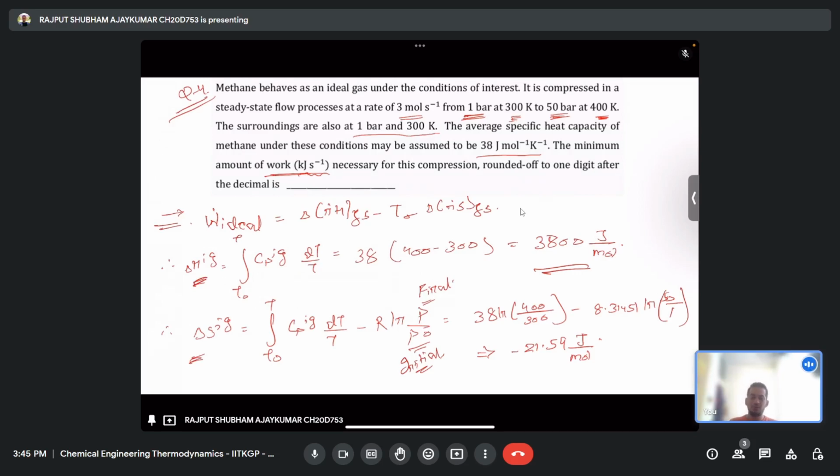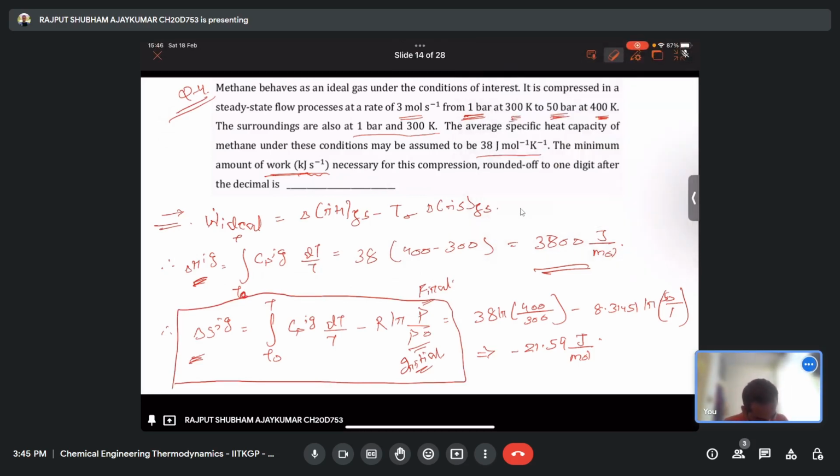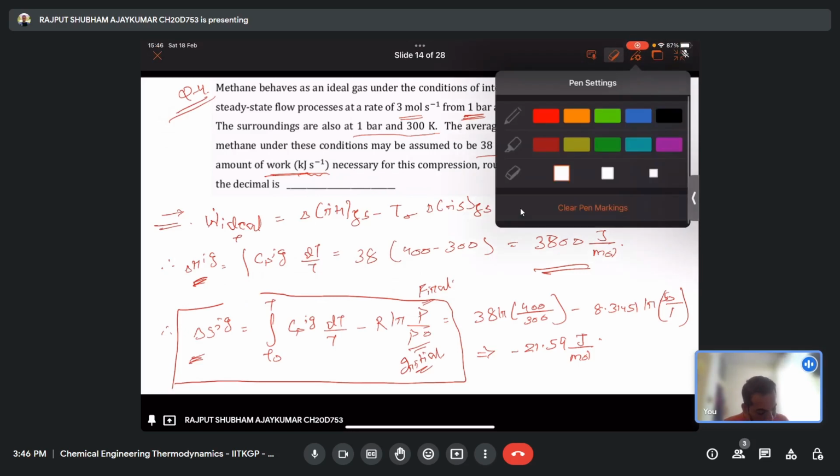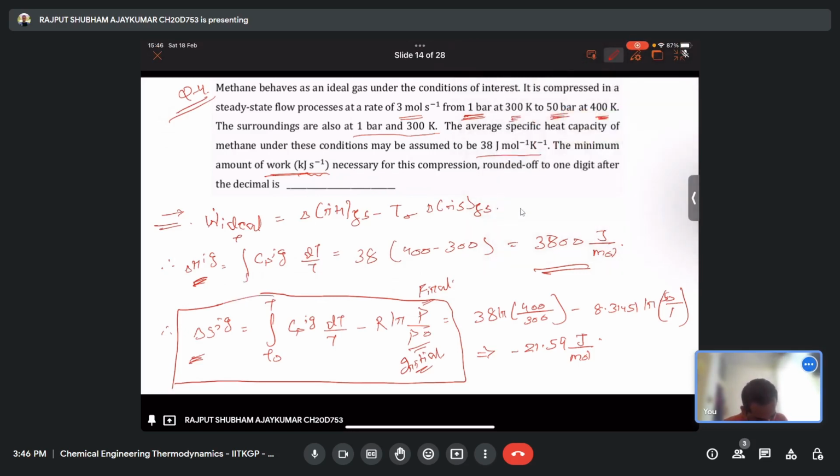If you know what an ideal gas is, and how to relate those equations with the parameters like T1, T2, P1, P2 and specific heat, these are the basic equations you will know after the concepts of entropy and enthalpy. If you don't know these things, it will be difficult for you. Don't try to mug up anything. If you go on mugging up everything, you will be lost at the end.